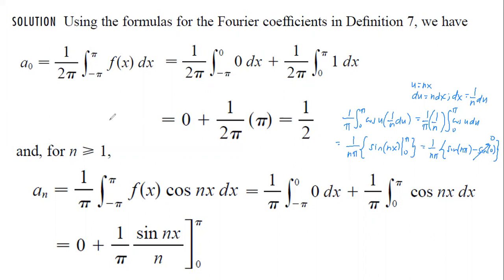This will be 0, because if n is equal to 1, we're evaluating sine of pi which is 0. If n is equal to 2, we're evaluating sine of 2 pi which is also 0. So it is always 0. Sine 0 is 0, so 0 minus 0 is 0 times 1 over n pi. This will give us a 0 value.